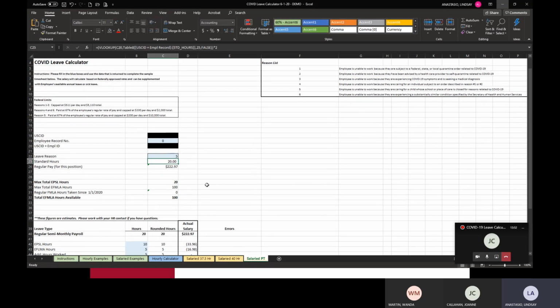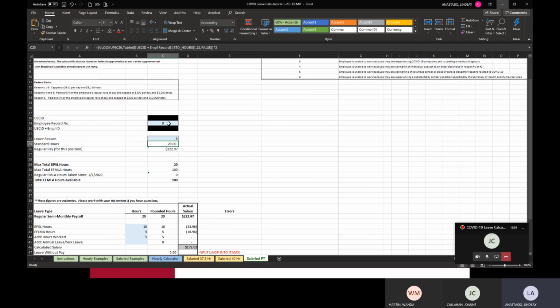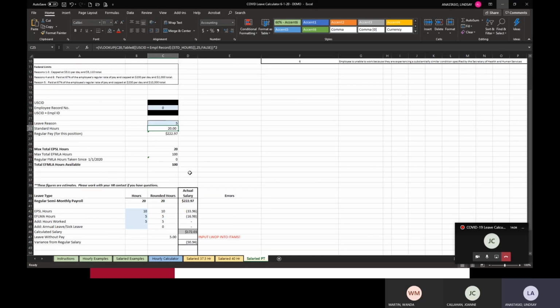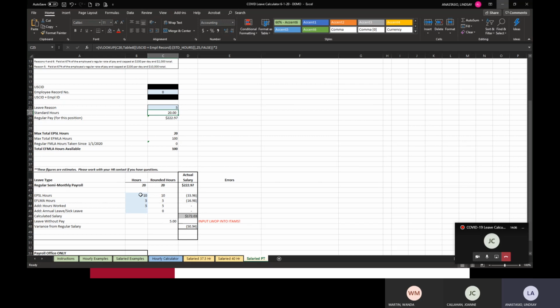And as you can see, it populates the employee's standard hours and the max hours of EPSL and EFMLA hours that they qualified for. Down here, I've put in 10 hours of EPSL, 5 hours of EFMLA, and 5 hours worked for this employee.